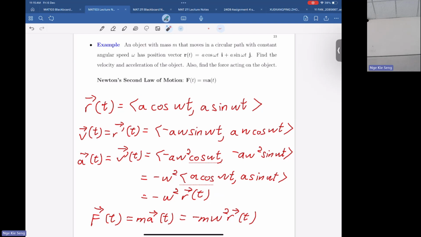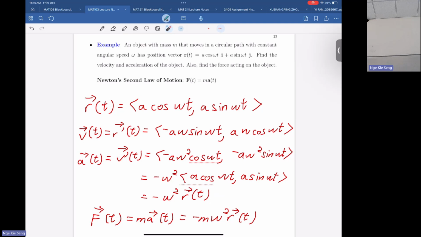Because the force contains a factor, the coefficient of t, they will call this the angular speed. You could notice that if you compute this speed, it depends on a and omega. If you don't change your omega, the angular speed is the same, but you draw your curve larger, this also increases the speed.